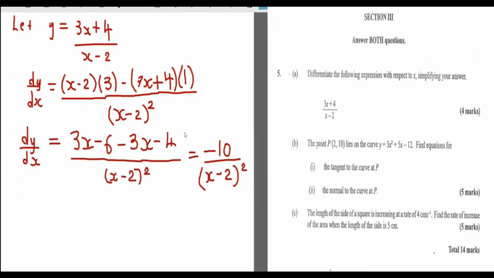Now let's look at the next part of the question. The next part says the point P lies on the curve y equals 3x squared plus 5x minus 12.